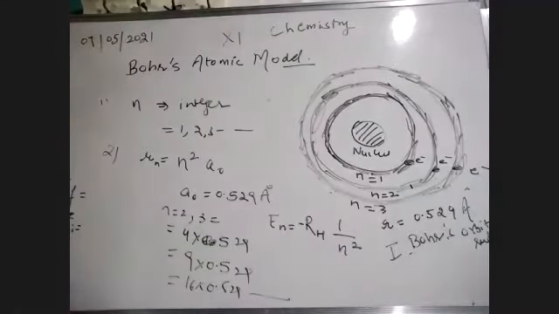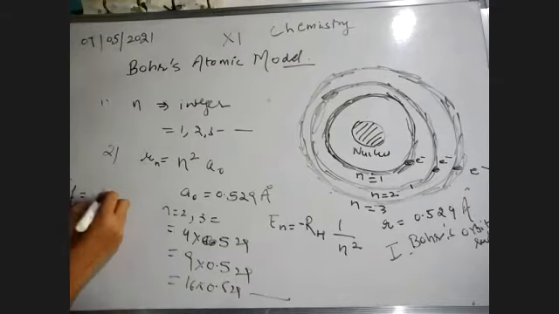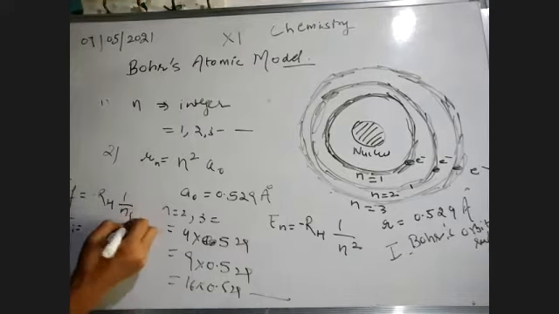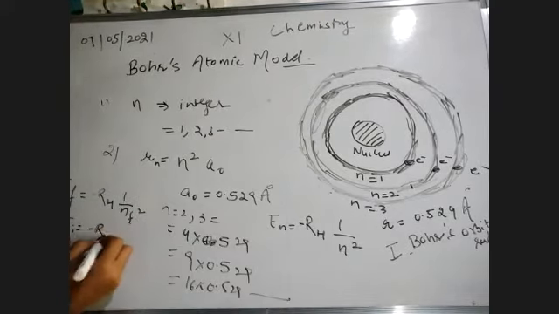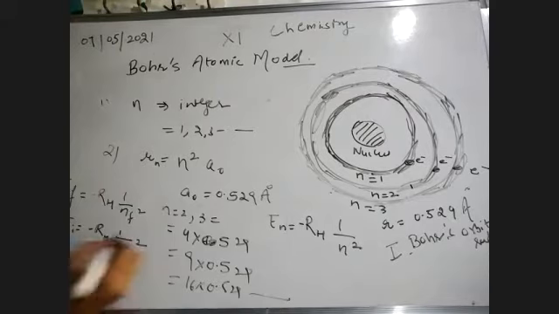So we have EF, which represents the final energy, and EI, which represents the initial energy. In short, we have 1 over nf square and 1 over n initial square.